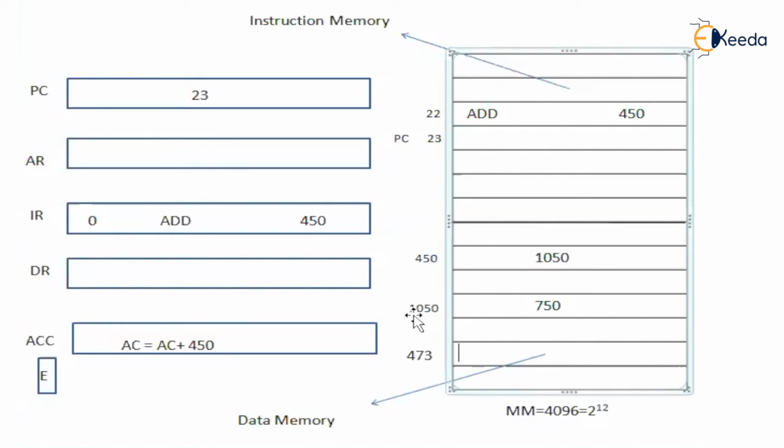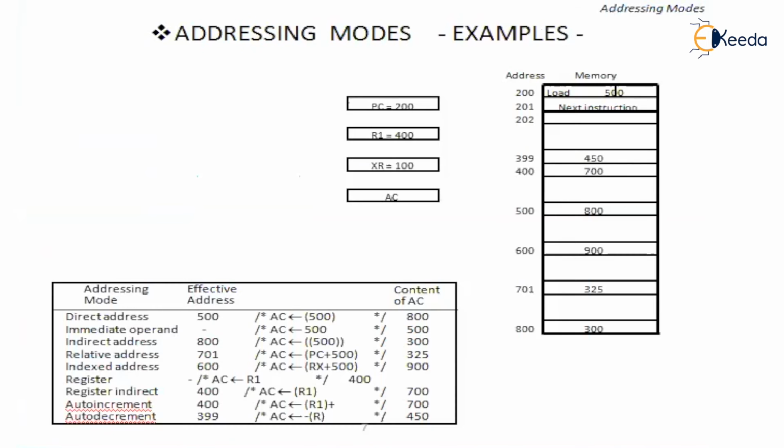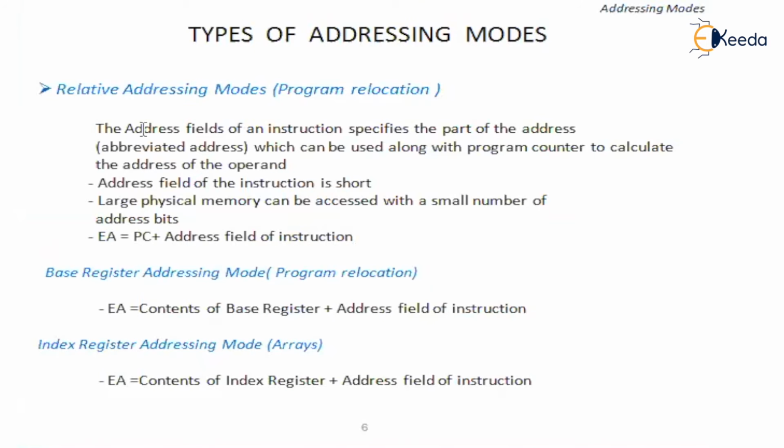This is how the effective address gets calculated in relative addressing mode. What is relative addressing mode? In the relative addressing mode, the address field of the instruction specifies the part of the address which can be used along with the program counter to calculate the effective address.